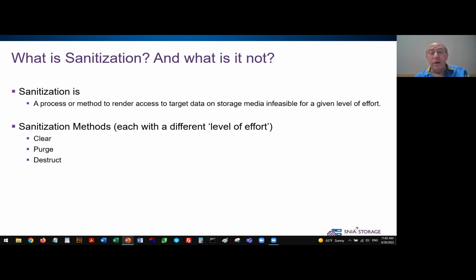If you're just somebody who's got a laptop at home and you want to sell your laptop to somebody else because you want a bigger and better one, well, maybe you can exert less effort to destroy that data, and the person that gets it may not have the ability to exert much effort either. So we've defined 3 sanitization methods in increasing level of effort: clear, purge, and destruct.